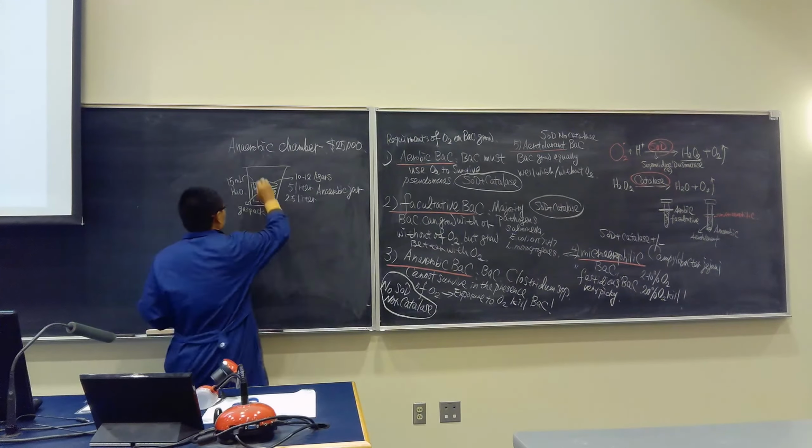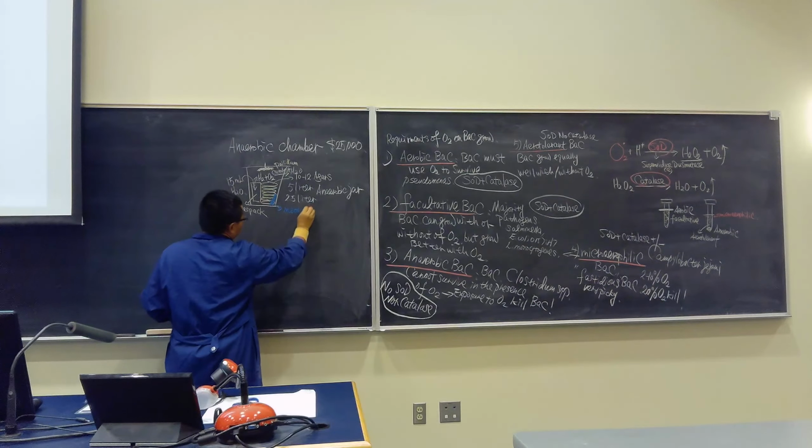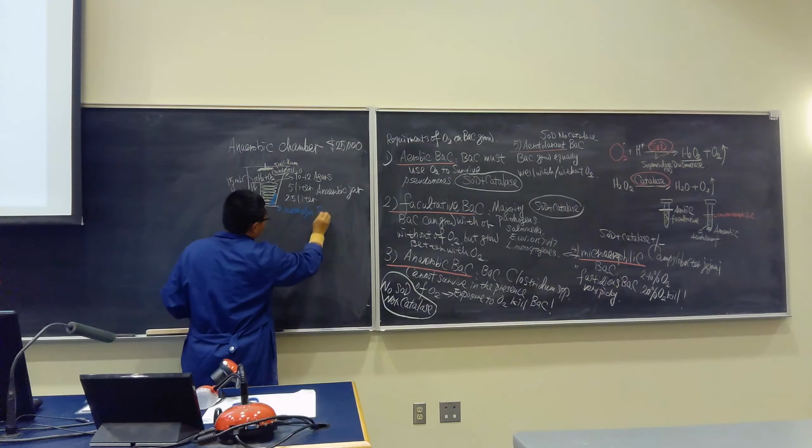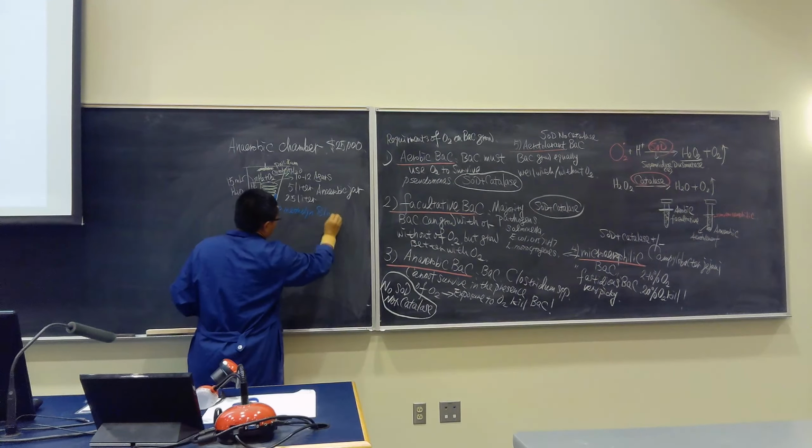Now finally, how do we know the oxygen is already gone? We need some oxygen detector or indicator. And most of the time, we will add a strip of methylene blue.